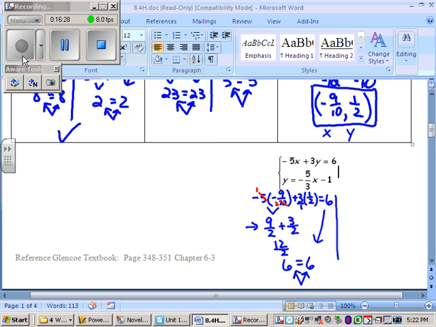Let's now double check our second equation. So here in the second equation, the y can be replaced with 1/2, and the x can be replaced with -9/10. You can cross cancel in the second set of fractions the 5 and the 10, and then the 3 and the 9.